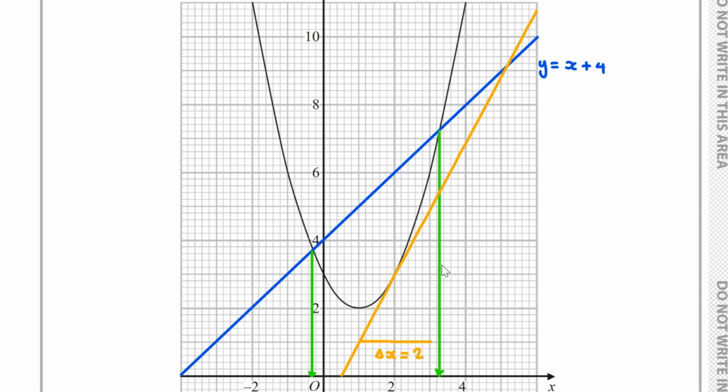And if we consider the change in y, we're going from 1 to, here we've got 4.8. So we've got 4.8 take away 1, which is 3.8. So the change in y is equal to 3.8.